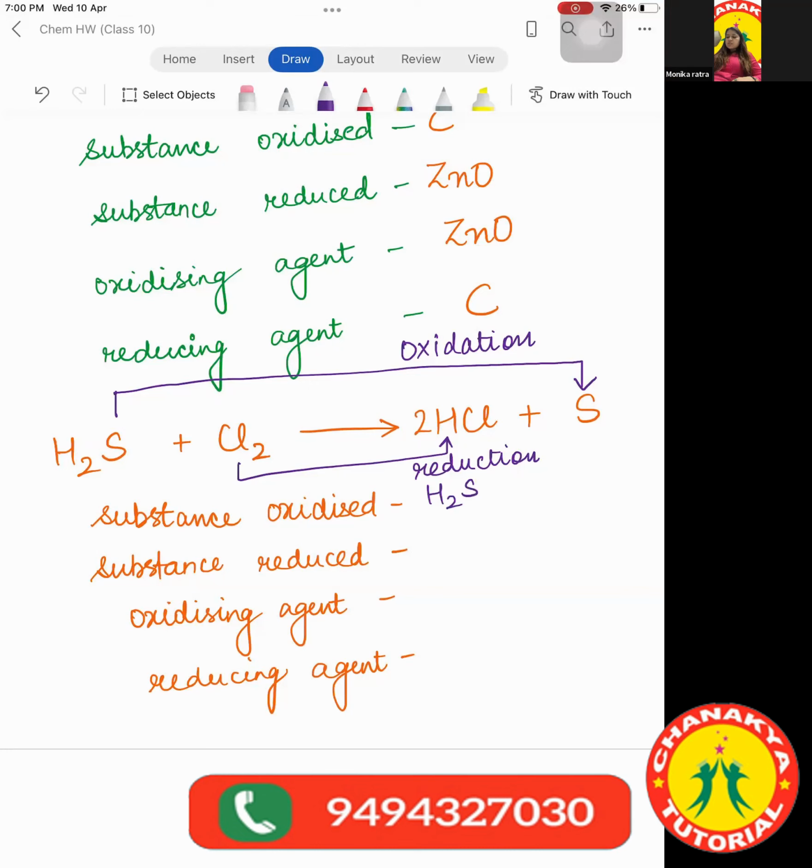Then Aryan, which is the substance reduced? Ma'am, this Cl2. Dhriti, what is the oxidizing agent? Ma'am, Cl2. And here, what is the reducing agent? Ma'am, the reducing agent is H2S. Yeah, H2S. Right?